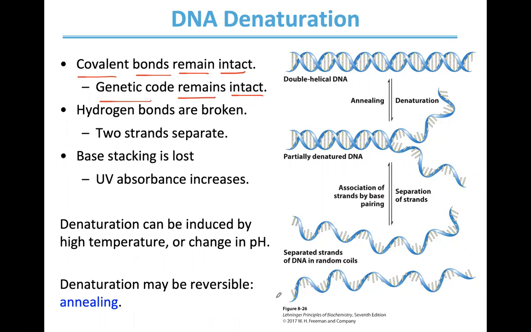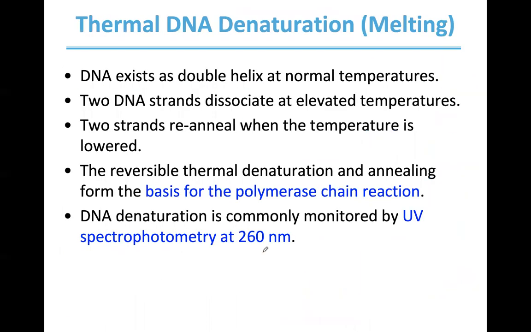So denaturation may be reversible, and this process is called annealing. So then you cool it down, and the DNA will come together again, reform the double helix. Now, high temperature can also be replaced by a change in pH. A change in pH breaks the hydrogen bonds, and that's also a possibility.